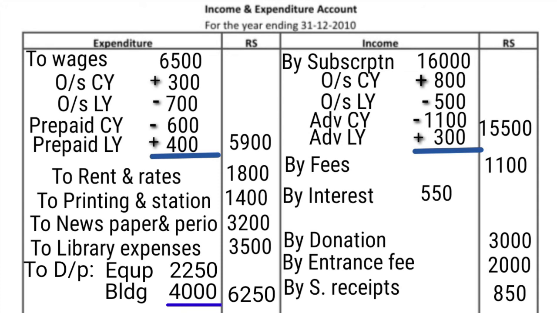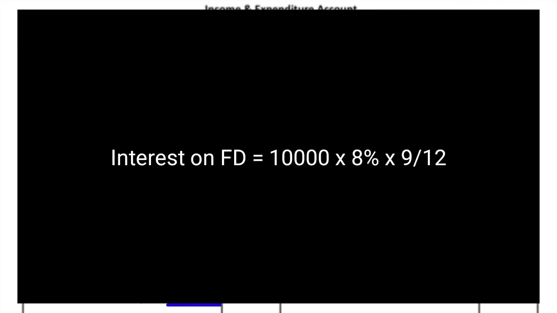Okay, for this purpose the date and interest rate are given. Date is 1st April 2010. So we can calculate the interest on FD equal to 10,000 into 8% into the date. How many months do we need to calculate the interest? From 1st April 2010 to 31st December 2010, 9 months.